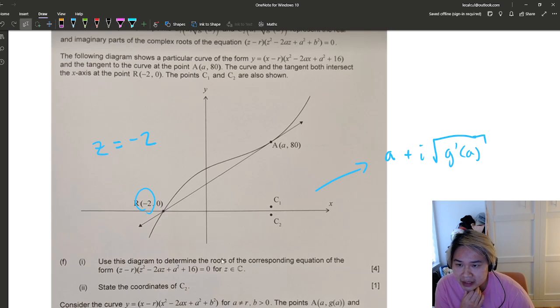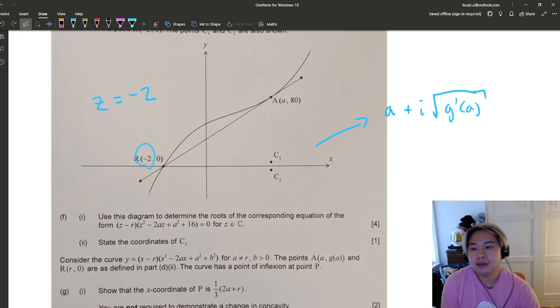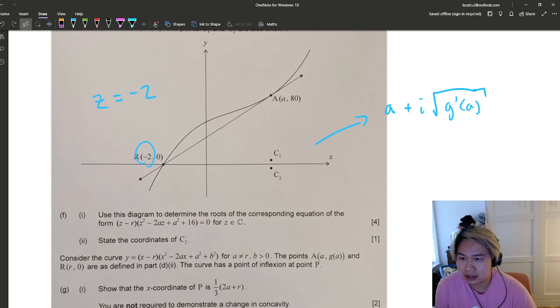Which means that a is a, right? Okay, we don't know what a is. And then, do I need to find a? I think I need to find a. Okay, whatever. I'll deal with a later because that looks like a pain.